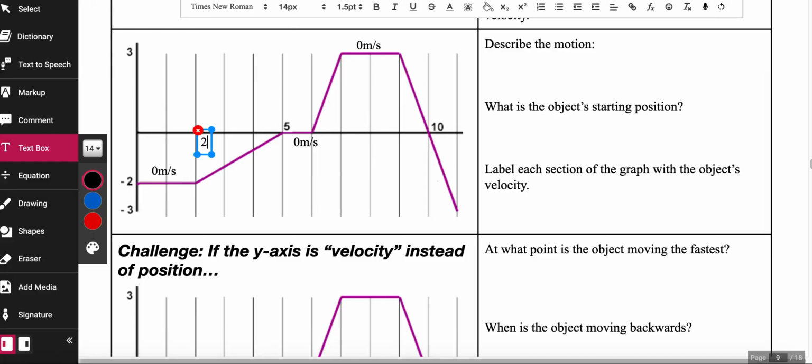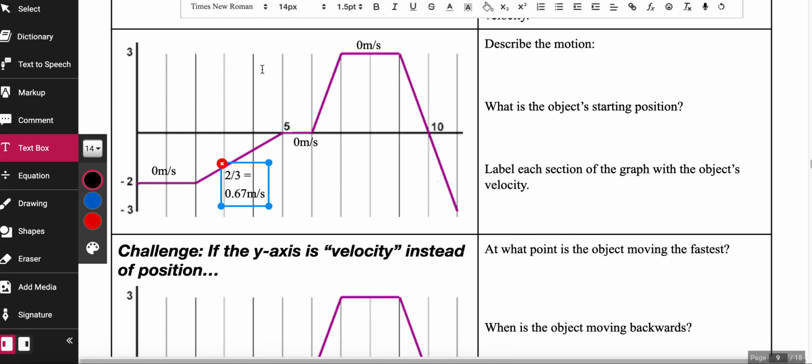So I have a rise of positive 2. And then I'm going from 2 to 5. So a run of 3. So my velocity here is 0.67 meters per second. I'm always rounding to the 100th here.